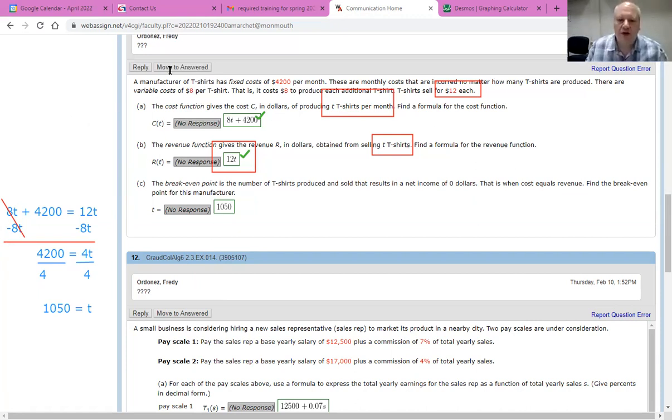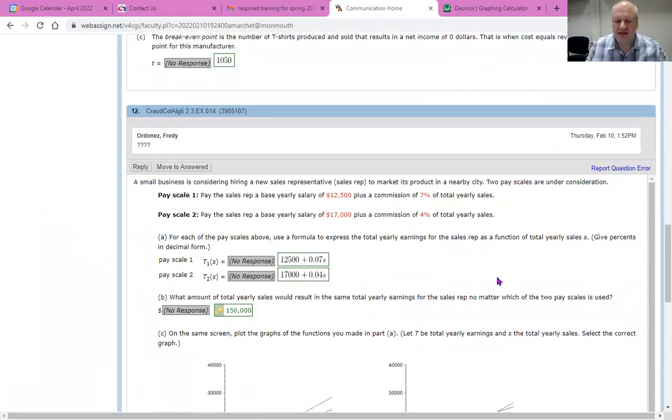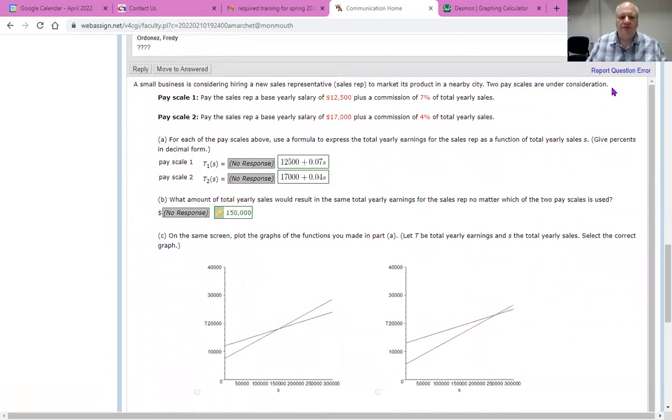Okay, one more question I have here. Let's scroll down, and I have a couple more also in the list, and I will address those as well. It says, pay scale 1. Oh, I'm sorry, I think I read that incorrectly.